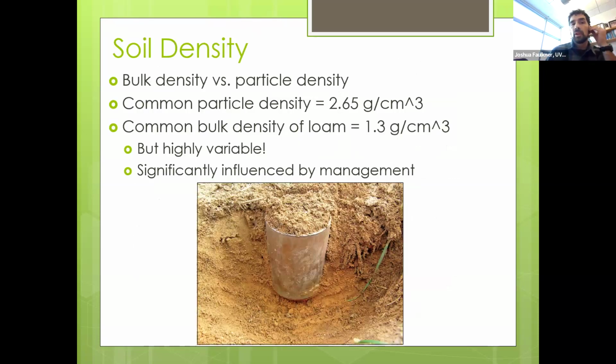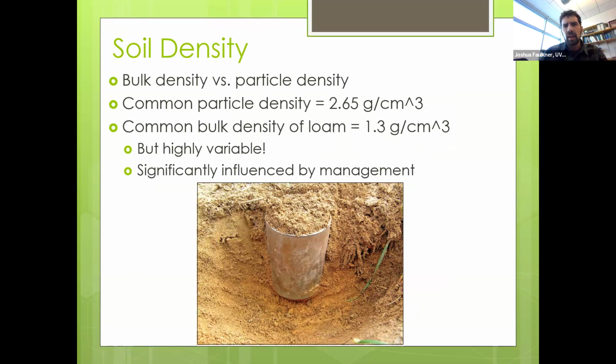Okay, and then one last slide here, a basic structure slide, soil density. So how do we quantify soil structure? And really, density is probably the easiest way to do that in practice. And we typically use something called bulk density. There is the particle density of soil particles, and that would be of an individual sand grain.